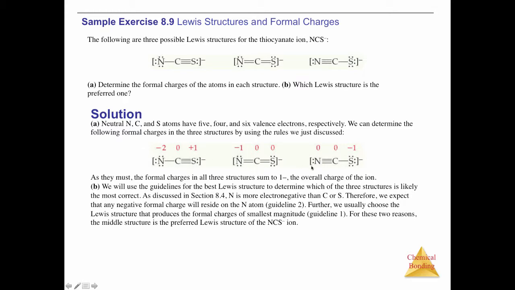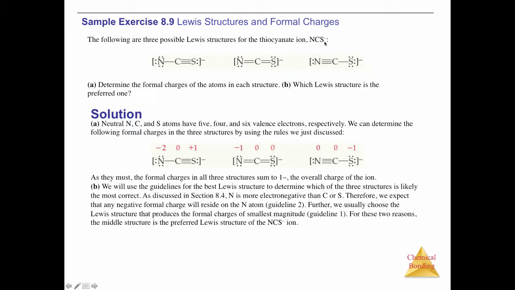We could do the same set of rules again for these 2 structures. And as they must, the formal charges in all 3 structures sum to -1, which is the overall charge of the ion. So that's something interesting to point out. If you add these all up, you will get a -1 charge, which again is the charge on the ion.